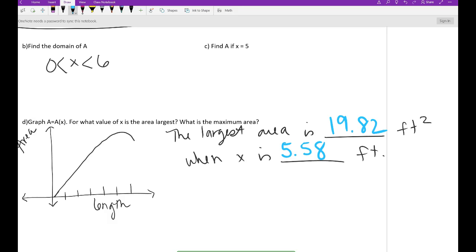Okay, hit enter on value, and then you put in any x you want. In this case, I want x of 5. So the area when the length is 5 is what? 19.5? 1.5, thank you, feet square. Okay. Isn't that easier? Now you know a second method.